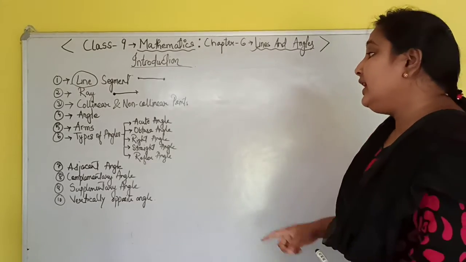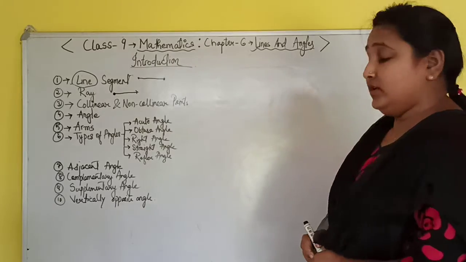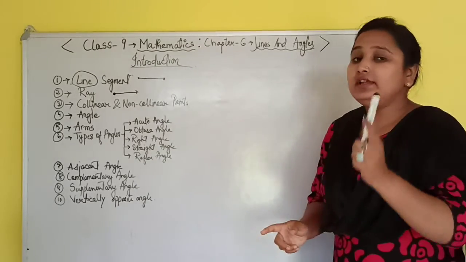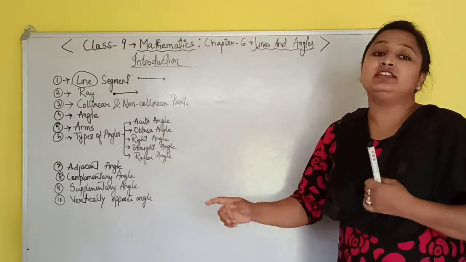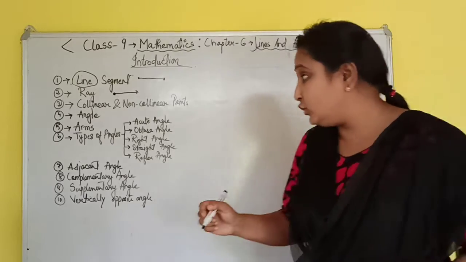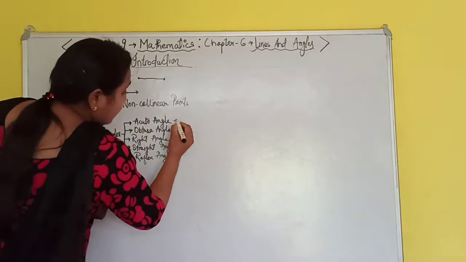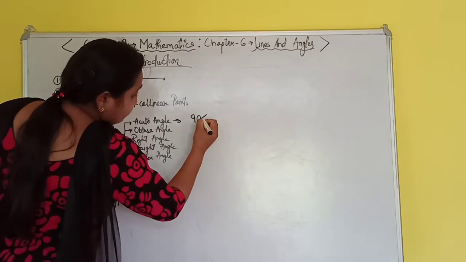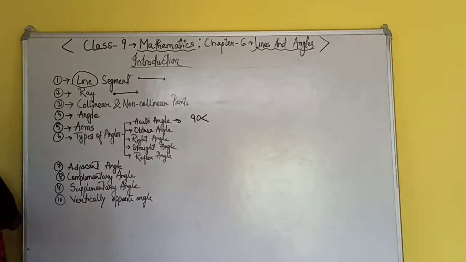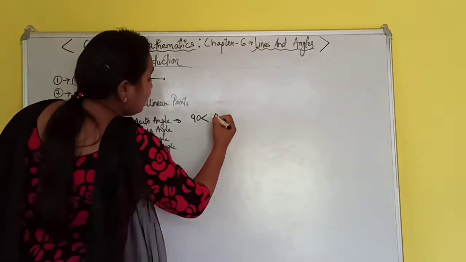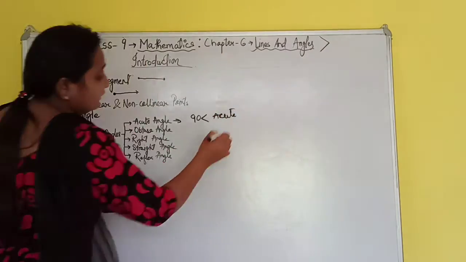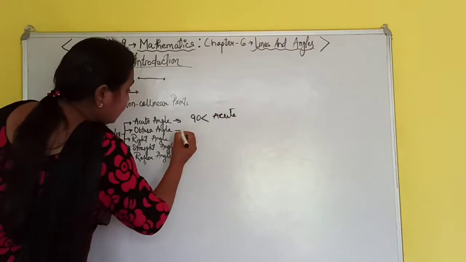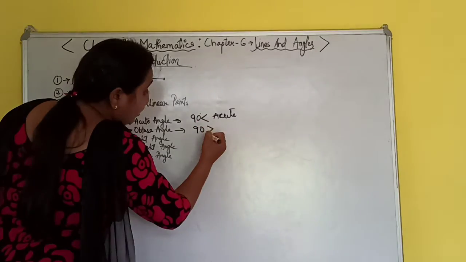So see here, acute. What is the meaning of acute angle? If the angle is less than 90 degree, it is known as an acute angle. An obtuse angle will be more than 90 degree.